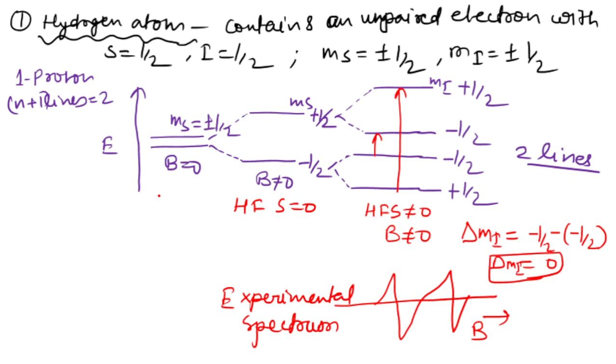Similarly for this single proton atom, the m_s value of plus or minus half gives degenerate levels in the absence of a magnetic field. When you apply the magnetic field, it splits into two levels, plus half and minus half.